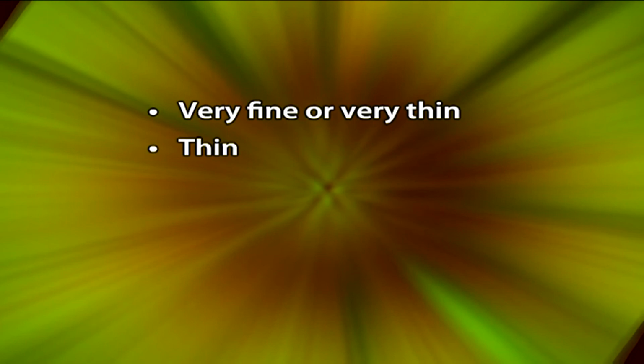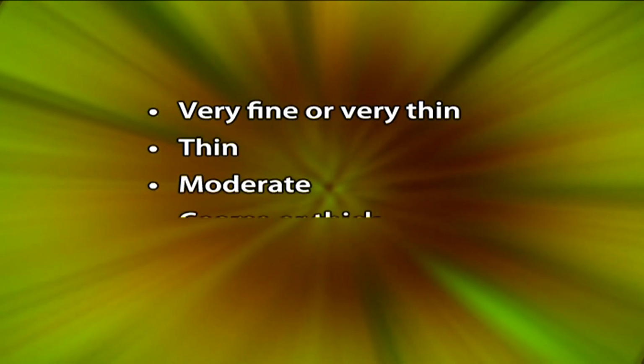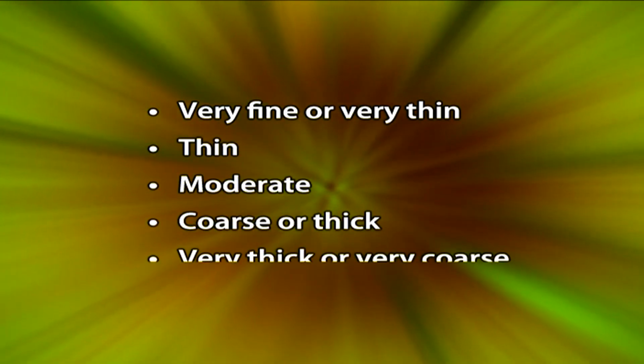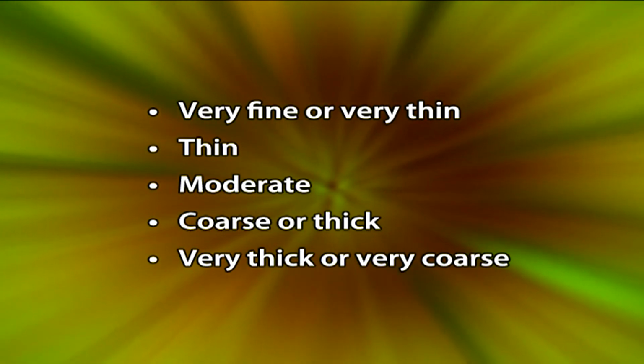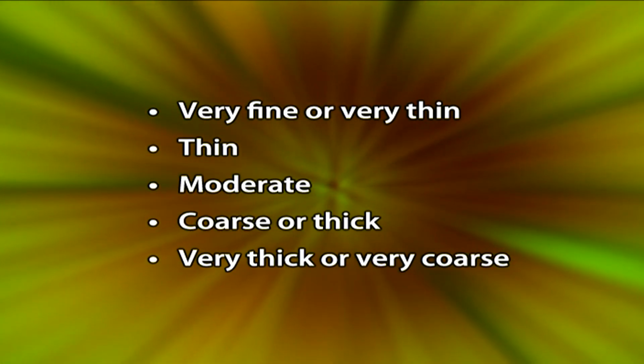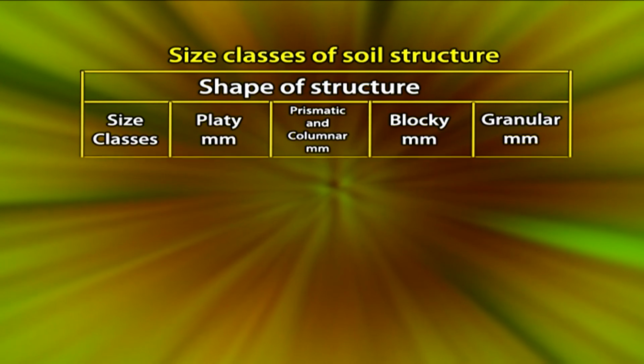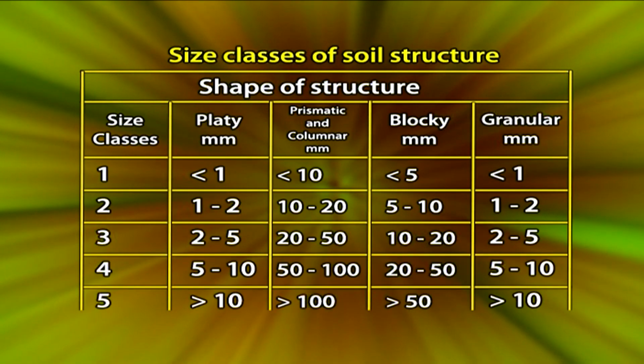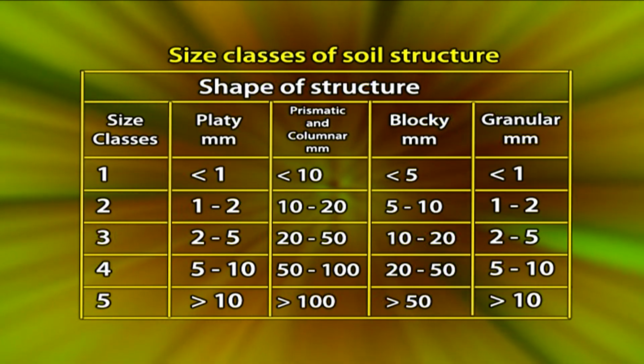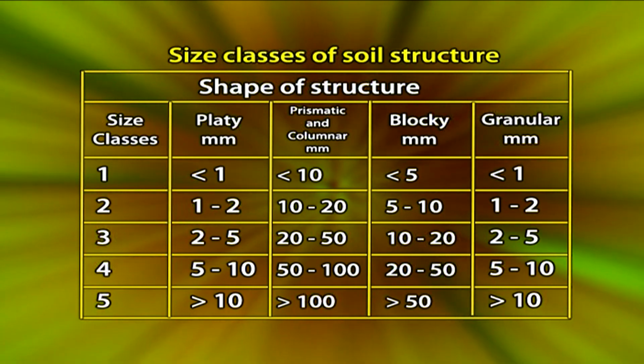These classes include very fine or very thin, thin, moderate, coarse or thick, and very thick or very coarse. The size range of different classes for different structures can be seen in the table.